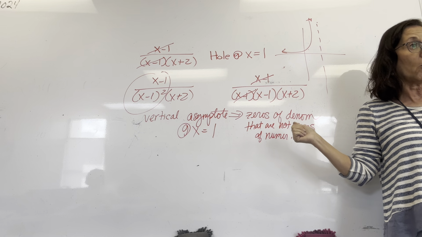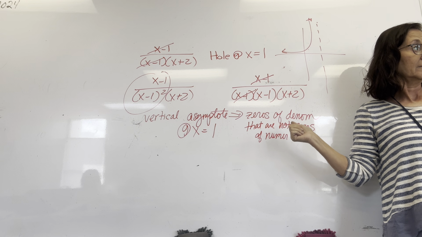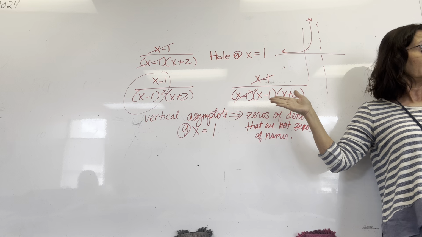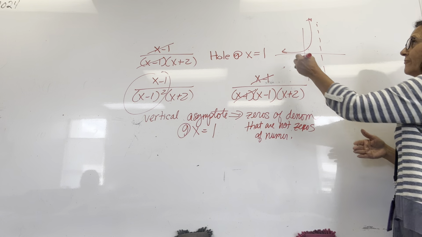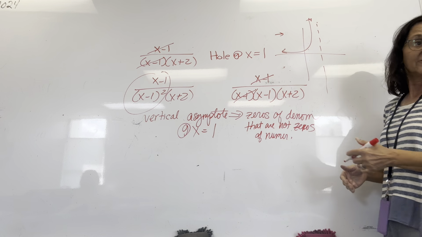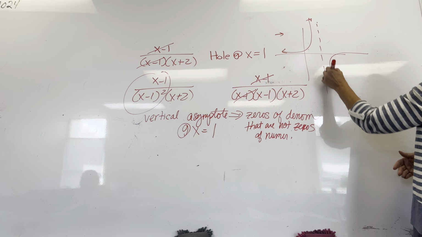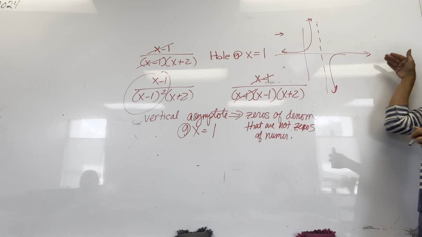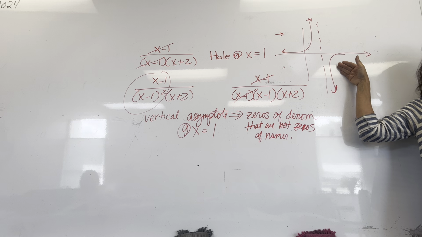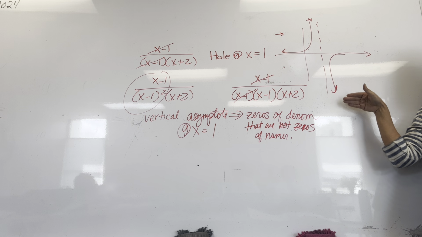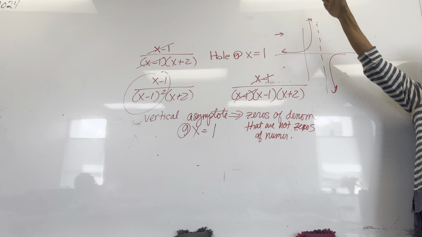That's what the graph is going to do. From the left, and from the right, it is also going to approach either negative infinity for y or positive infinity.